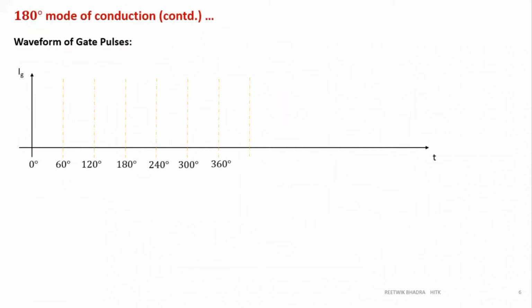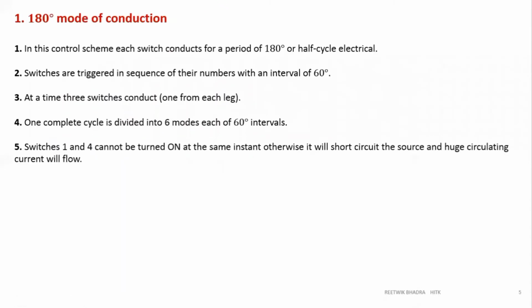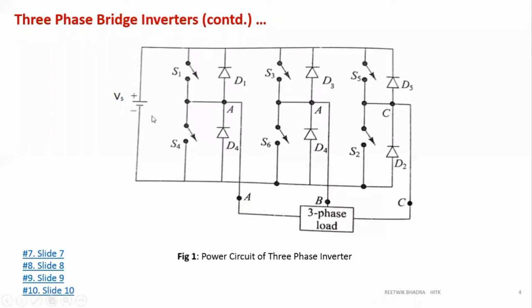So I'll draw 3 levels over here, any magnitude, doesn't matter. Each level will lead to one leg. This is the first leg, the second one is the third leg, and the last one is the second leg. In the first leg, which switches will be there? 1 and 4, so in that band I'll draw the pulse for 1 and 4.